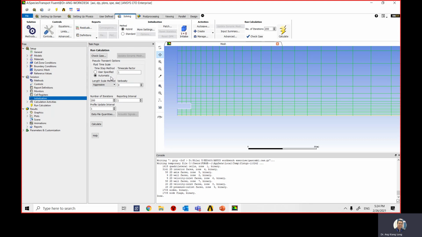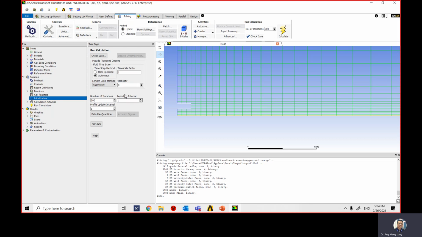The aggressive length scale method, which we chose now, uses the larger of the two, which may provide a faster convergence in some cases. So in this case, we choose aggressive because it might help us reach convergence at a faster pace. So later you'll see when you click calculate, it will calculate faster than the common one, right?